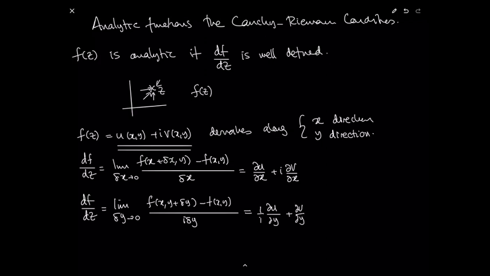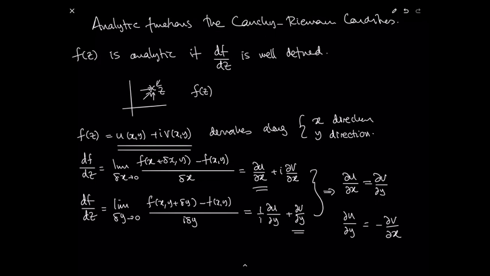Okay. Now, if these two things are going to be equal, then the derivatives of these functions have to satisfy the following condition. du dx equals dv dy, i.e. that has to be equal to that, and du dy has to be equal to minus dv dx.